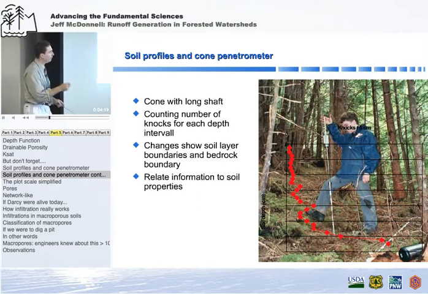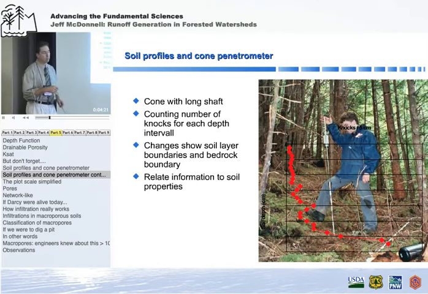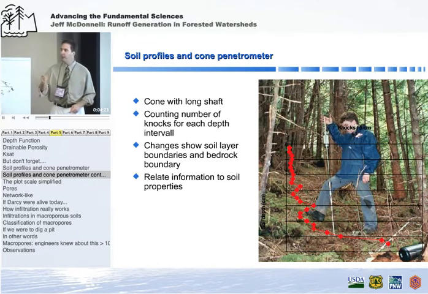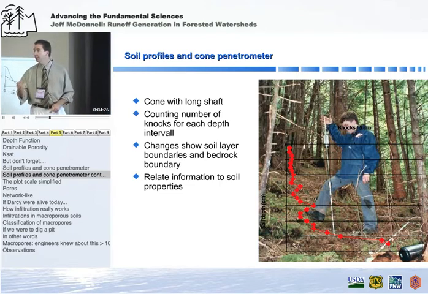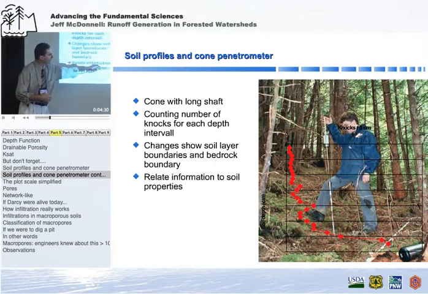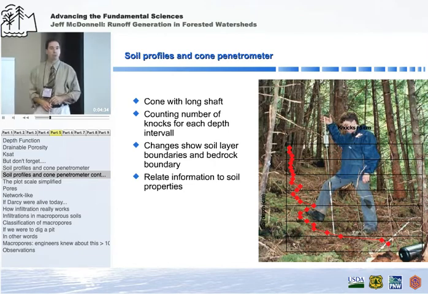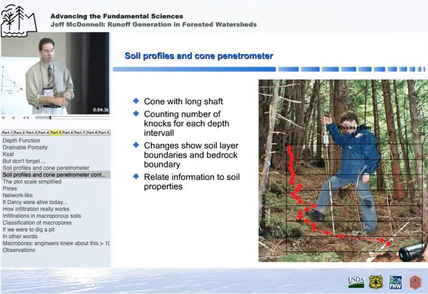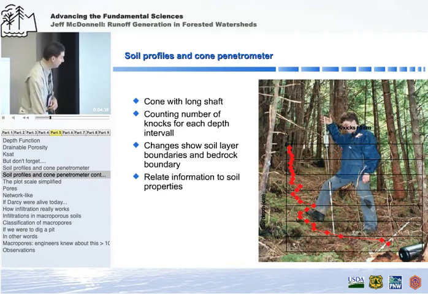This can be very helpful, not only for helping to quantify some of these depth declines in key soil materials, but also defining an interface, something really dramatic like the soil-till interface, which can be very important for turning on lateral flow that we might see.